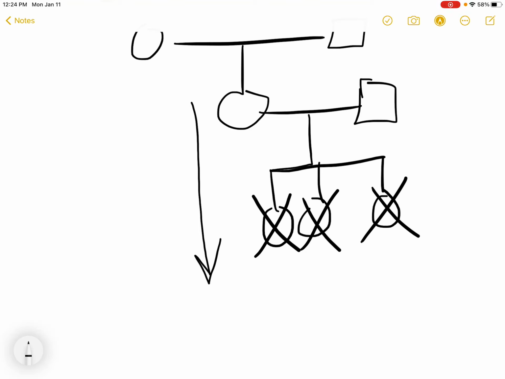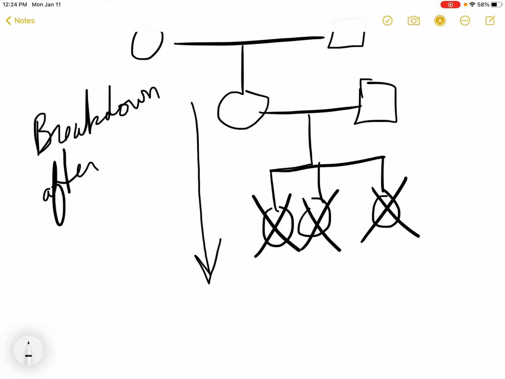So this is a failure after generations. So let's put the hybrid breakdown or failure after a few generations. So it's almost going to work, but then it falls apart. Okay?